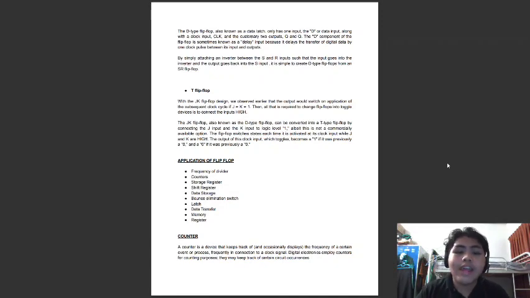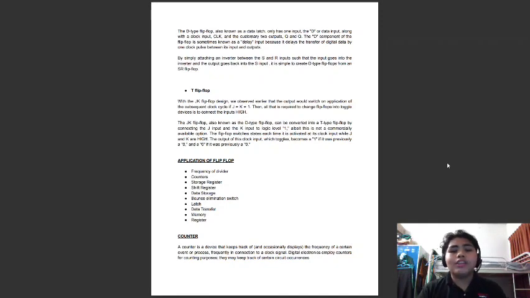Then all that is required to change flip-flops into toggle devices is to connect the inputs high. And the JK flip-flop can be converted into a T-type flip-flop by connecting the J input and the K input to logic level 1, albeit this is not a commercially available option, because the flip-flop switches states each time it is activated at its clock input while J and K are high.